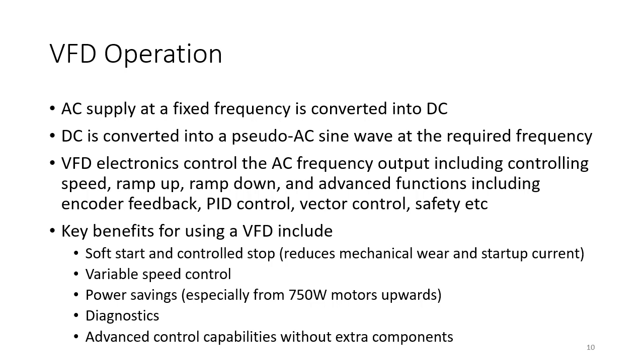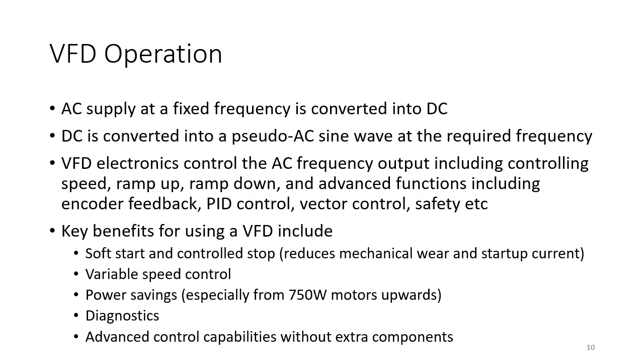Now inside the VFD, we have various electronics to control the AC frequency output. That includes controlling the speed, the ramp up, the ramp down, and then there may be advanced functions including encoder feedback for more accurate control. By using an encoder, we can actually eliminate that 0.5 to 5% drift and make sure we're controlling it exactly.